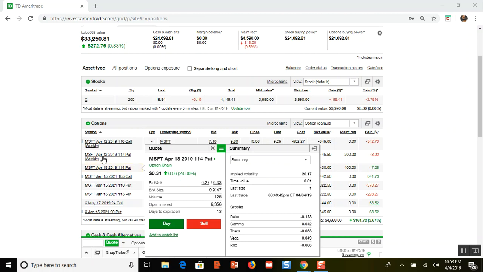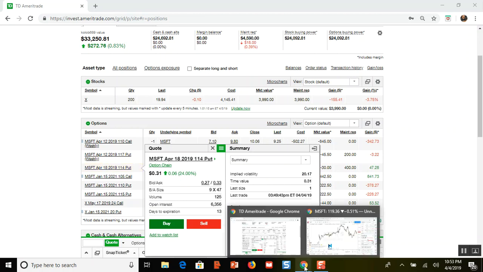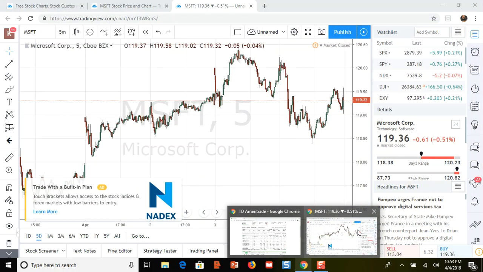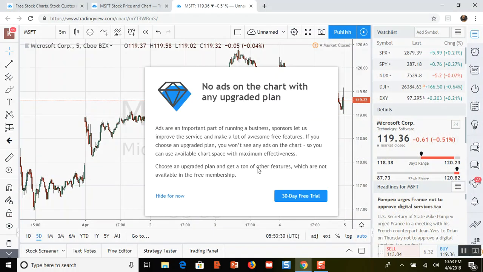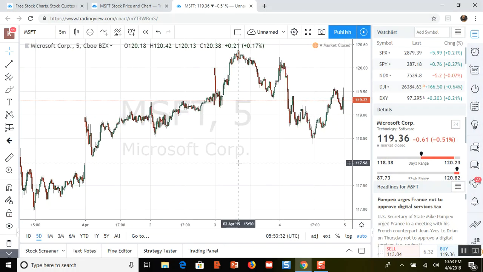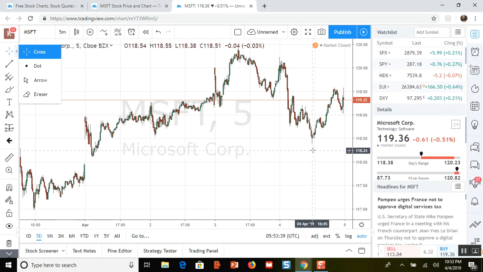Okay, now let's go ahead and go to the charts and let me show you what I'm talking about with this charting. Okay, and here we go. This is Microsoft, and this is a 5-day chart, and I'm going to move this over 1 day.